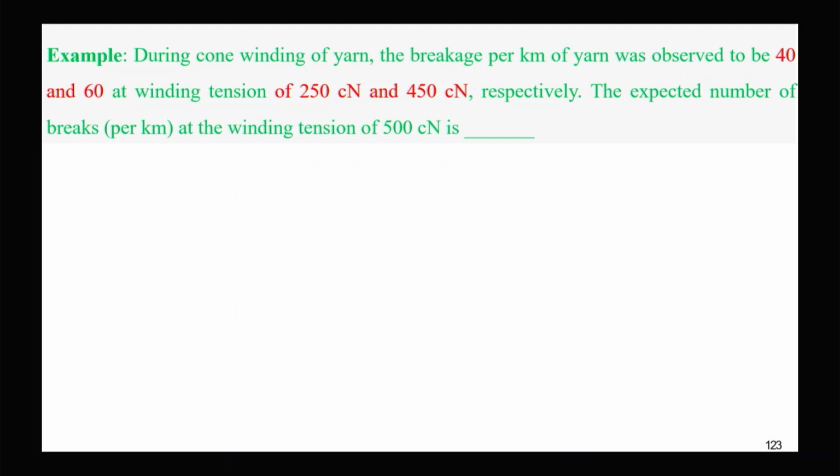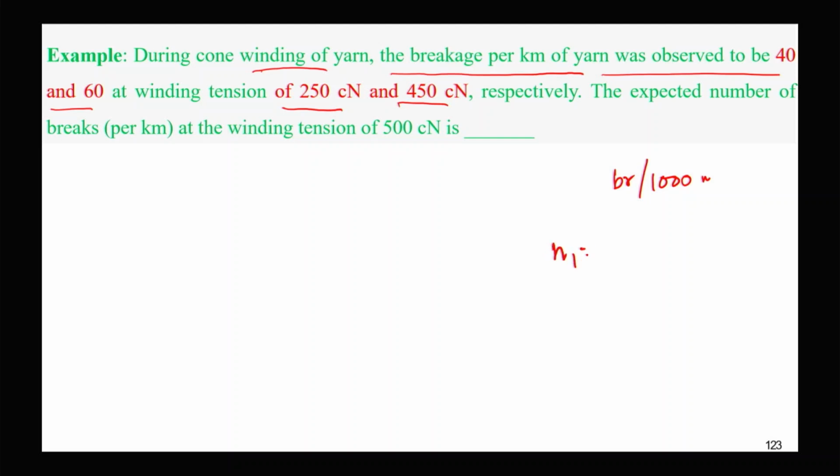Now let us see the example. During cone winding of yarn, the breakage per kilometer, so breaks per 1000 meter, was observed to be 40 and 60 at winding tensions of 250 centinewton and 450 centinewton.